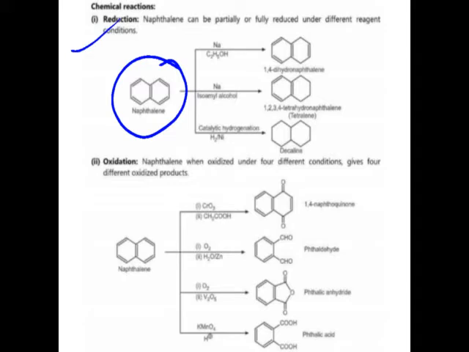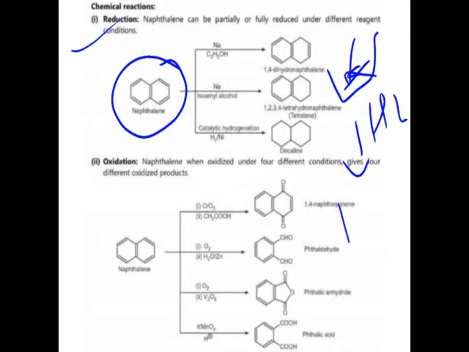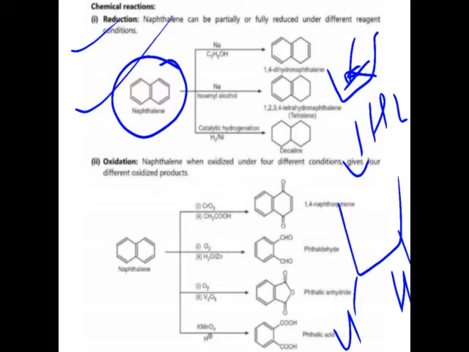If a double bond is present, okay, suppose this is a compound, here a double bond is present. If a double bond is present, then if we add hydrogen, the double bond is removed and the hydrogen comes in. Okay, so similarly this naphthalene consists of two benzene rings.